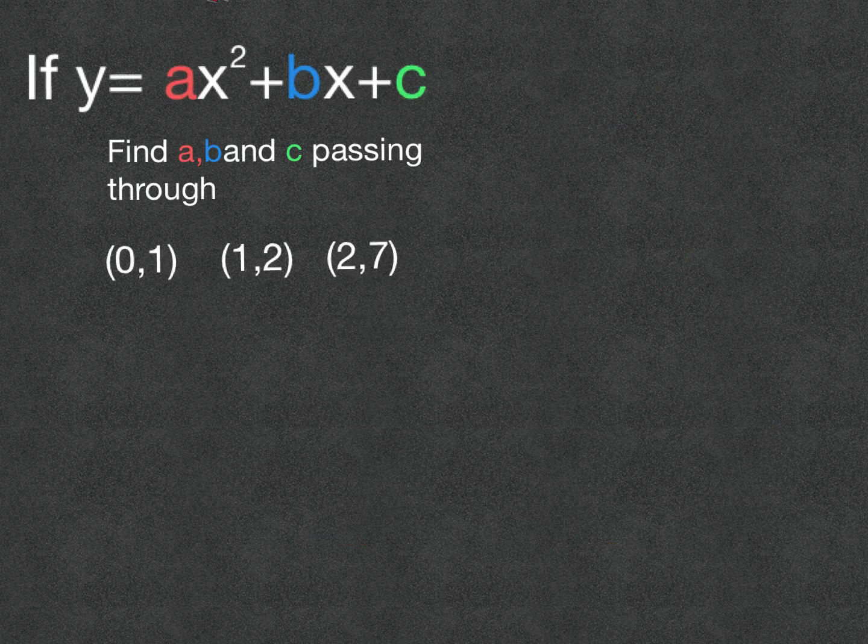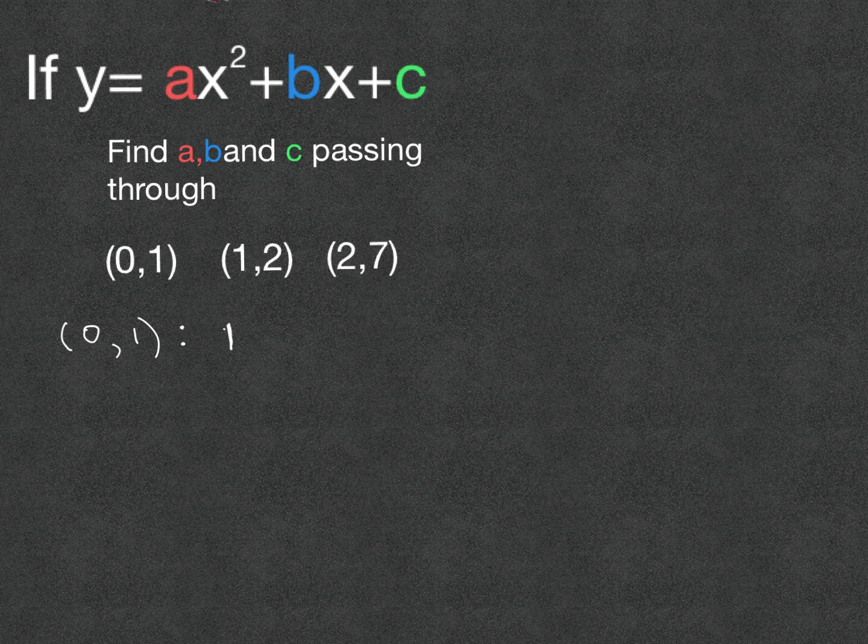Okay, step 1, plug in the points. Every time I plug in a point, I'm going to put the point over to the left. (0, 1) is the first point. I'm going to put a colon, and then I'm going to show you that I put it in by substituting the 0 for x, the x value for x, and the y value for y.